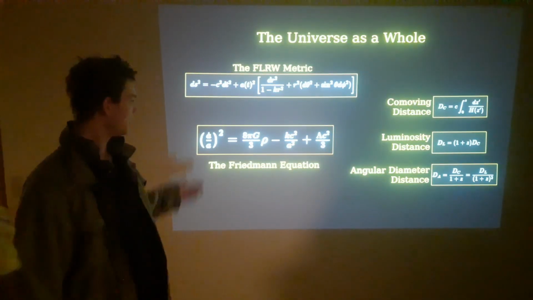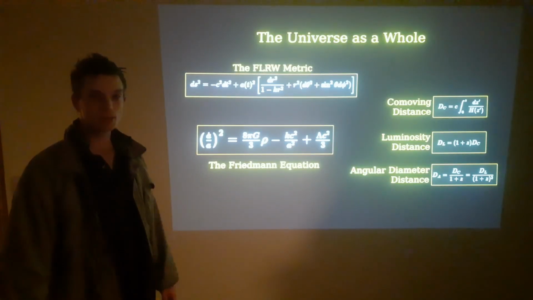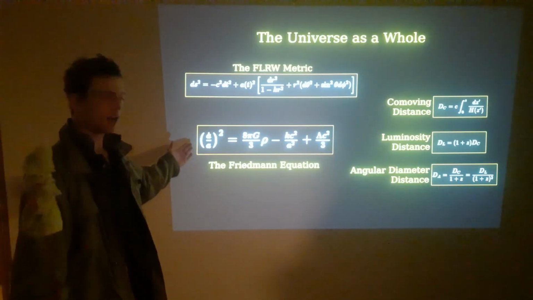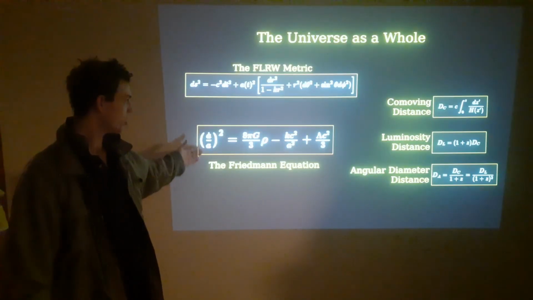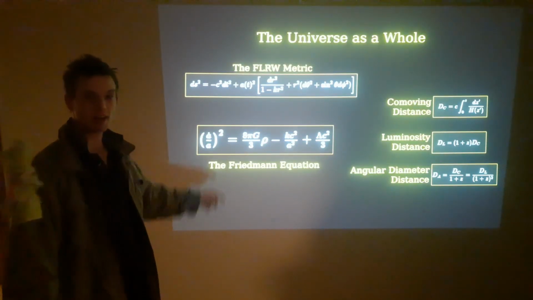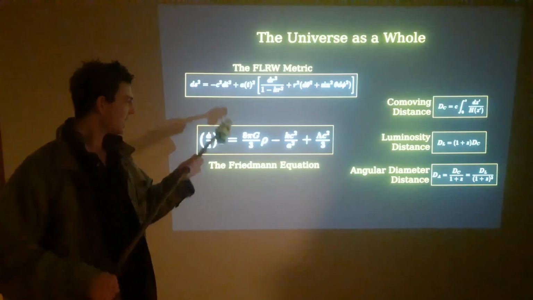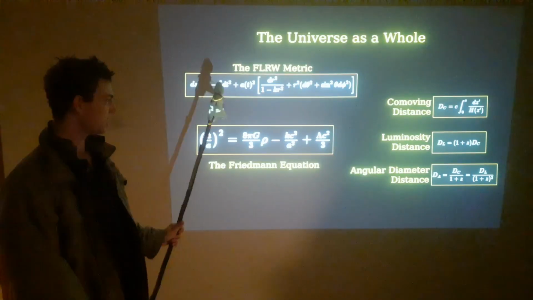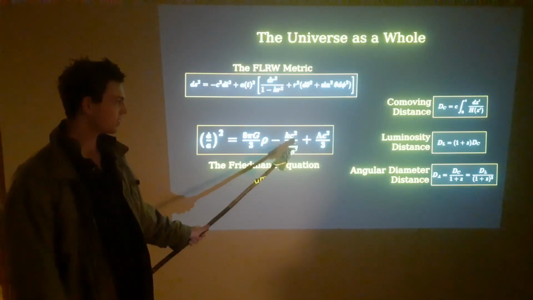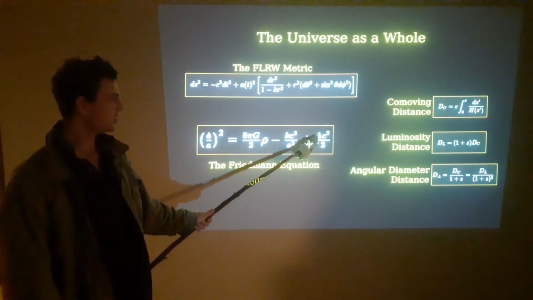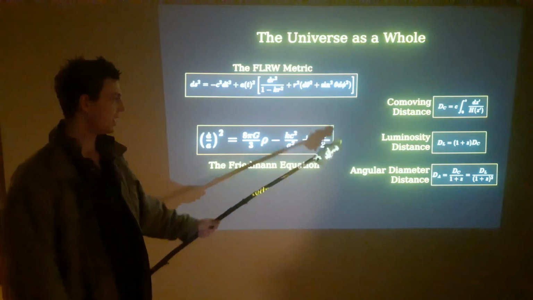We also have the Friedmann equation, which relates the square of our Hubble parameter. Remember the expansion rate a dot on a, this is just the Hubble parameter right here being squared, and we can relate that to the gravitational constant, the density of the universe, the curvature parameter, the scale parameter, a dark energy term, and the speed of light squared.